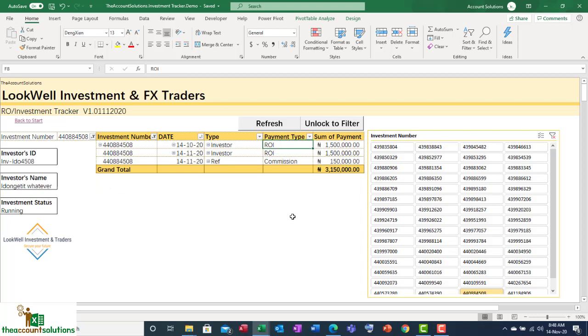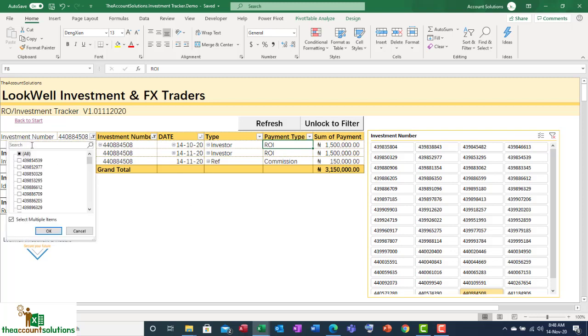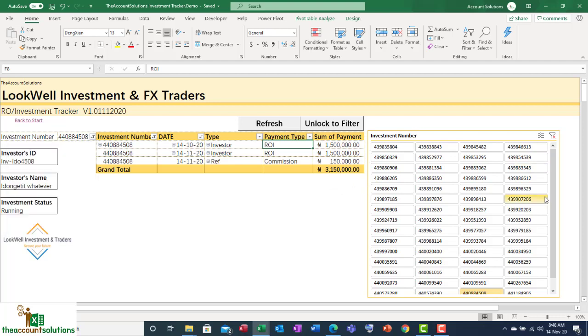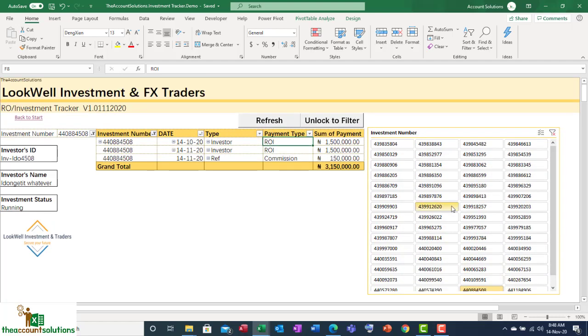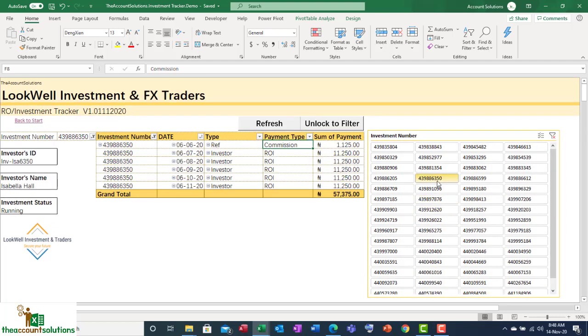So you can have an account statement for all your investors. Okay, so you can just type here and search for it, or you use this slicer here and just select. You can scroll down and select any investment. Click anyone here. It will change the details on your left hand side. Investors ID, investors name, investment status running.